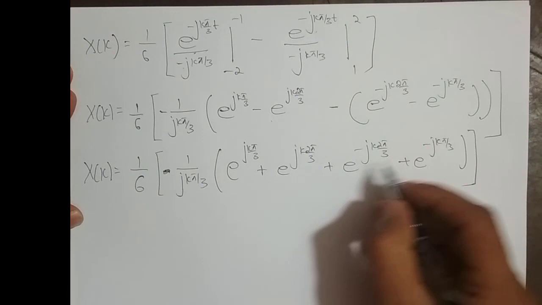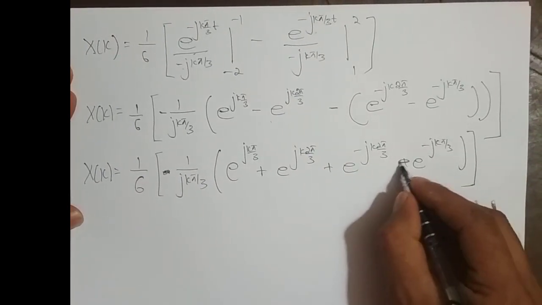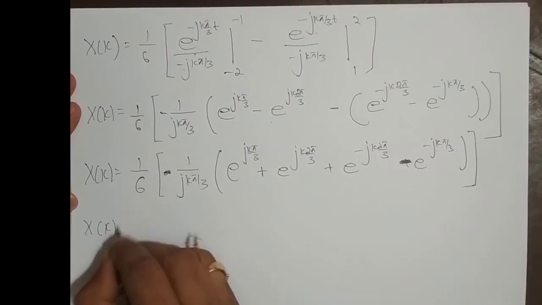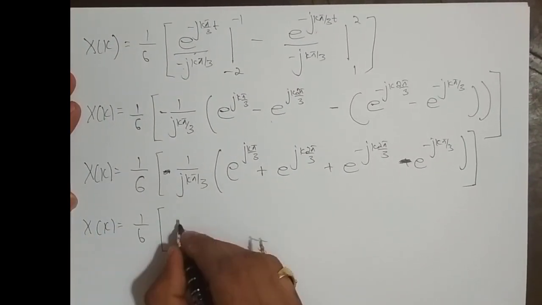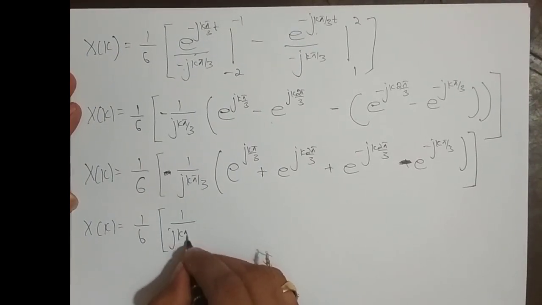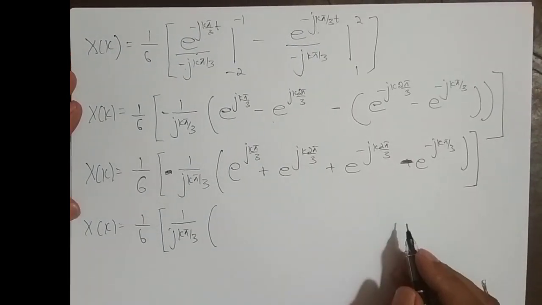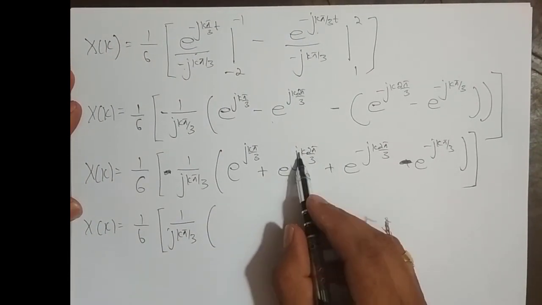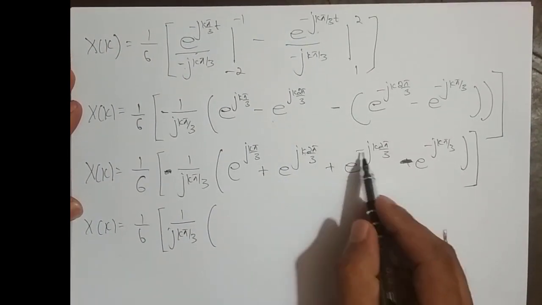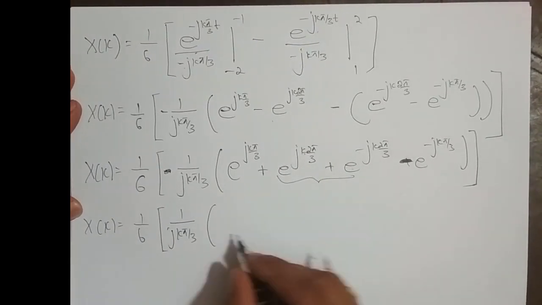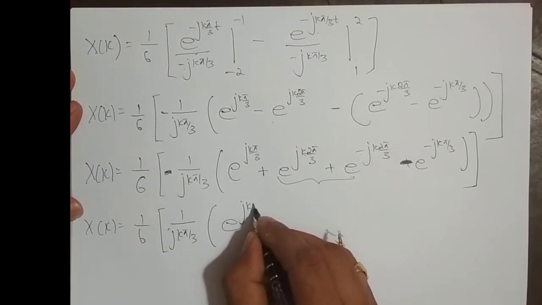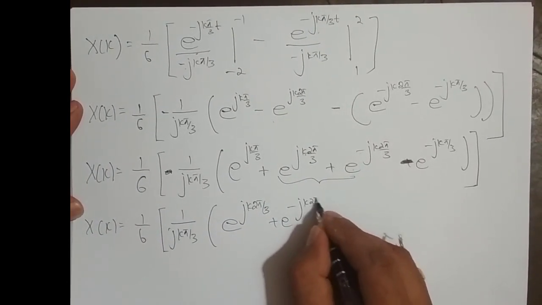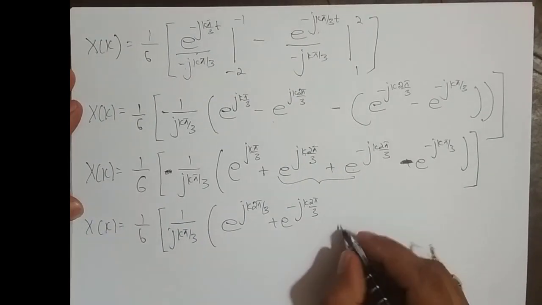Okay. Now x of k is equal to 1 by 6 into 1 divided by j k pi by 3 into, so I need to sort out what I have here: e power j k pi by 3 plus e power minus j k pi by 3, these two terms. So e power j k 2 pi by 3 plus e power minus j k 2 pi by 3, fine, and I'll take minus common.